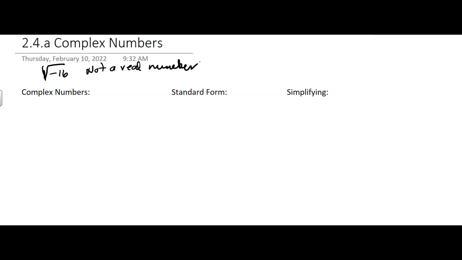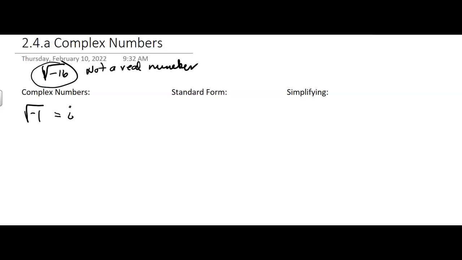Well, we do have another set of numbers. And it allows us to deal with things like this, okay? And it's called the complex numbers. So it's based on the idea that you can't take the square root of negative 1. That's true. But we're going to represent that with a lowercase italicized i, okay?